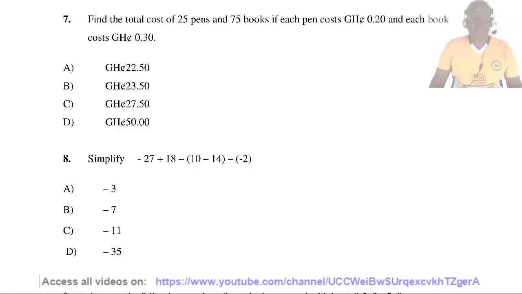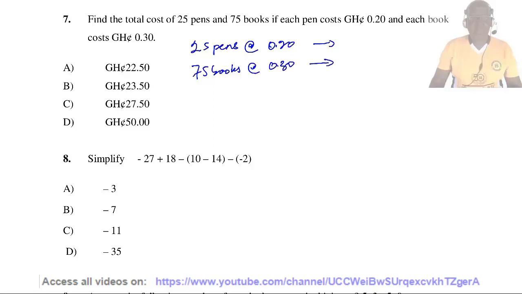Question 7. Find the total cost of 25 pens and 75 books if each pen costs 0.20 Ghana cedis and each book costs 0.30 Ghana cedis. 25 pens at 0.20 Ghana cedis will be, and then 75 books at 0.30 Ghana cedis will be.